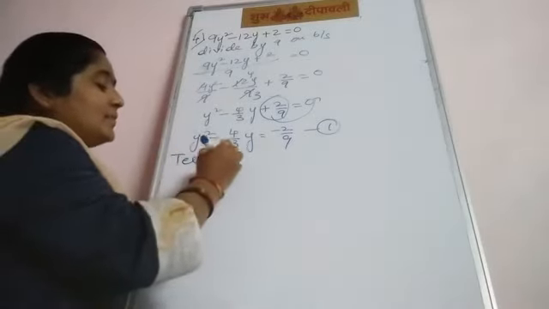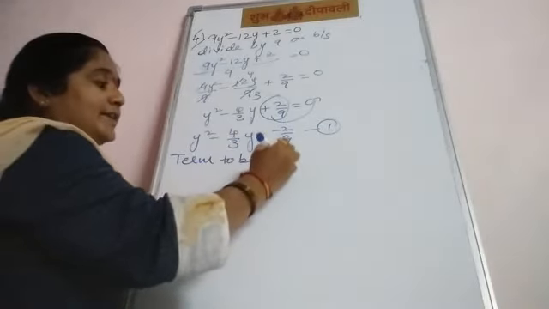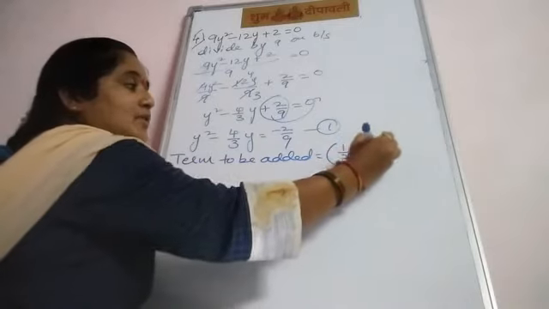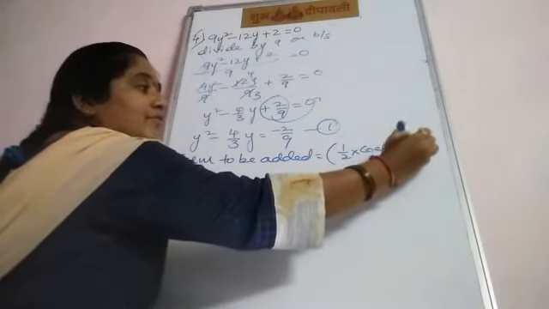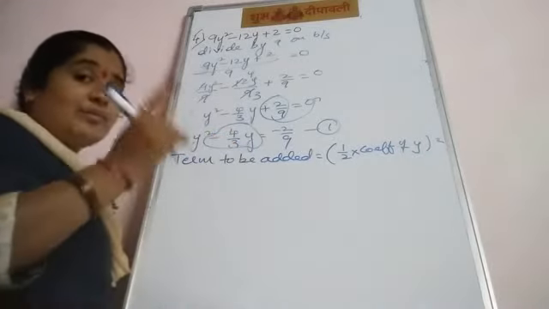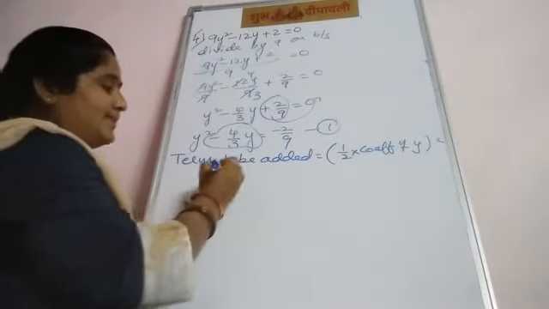Term to be added equals (half into the coefficient of y) whole square. The coefficient of y was -4/3.